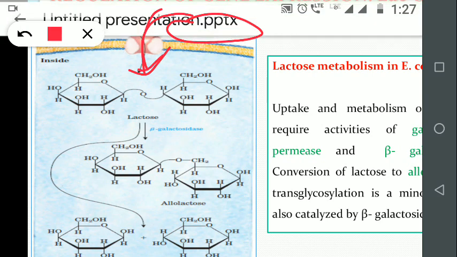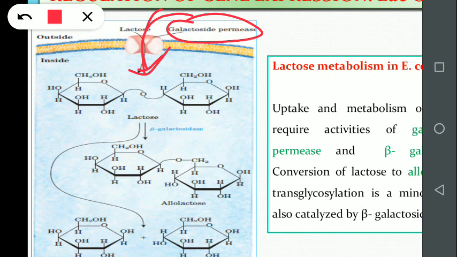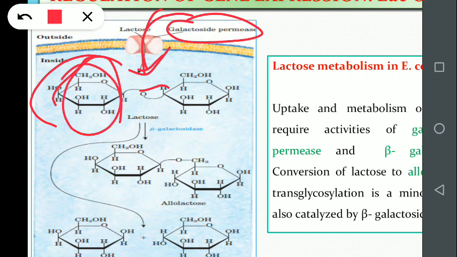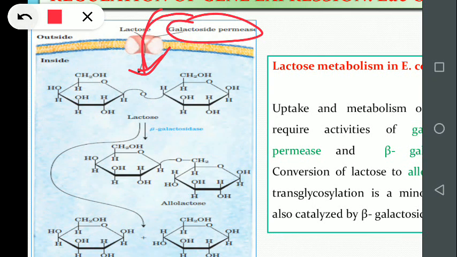So once lactose enters into the cell, the lactose actually is a disaccharide which contains beta D glucose and beta D galactose. So therefore the glycosidic bond, the beta glycosidic bond between the glucose and galactose must be broken.